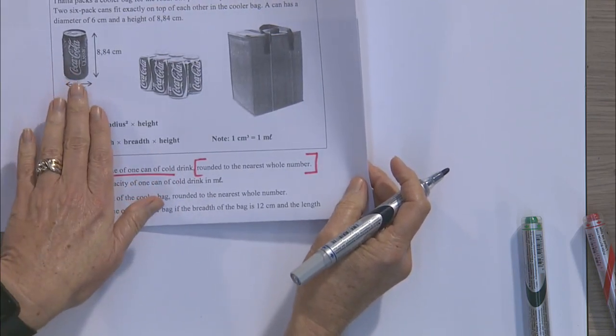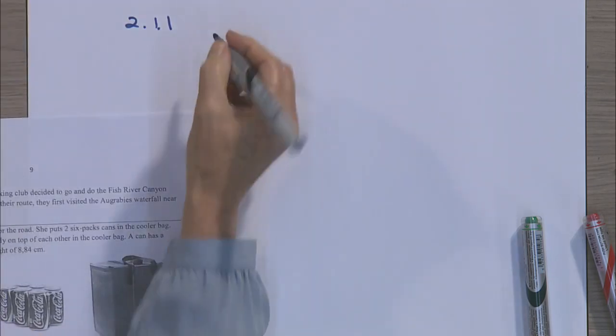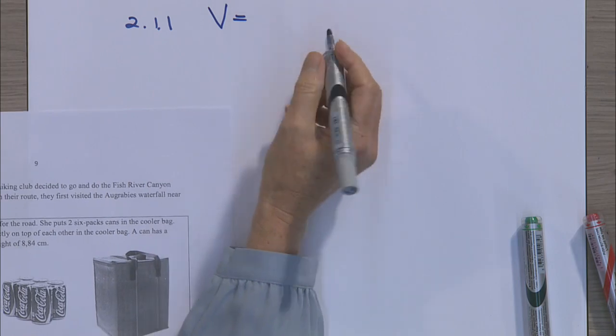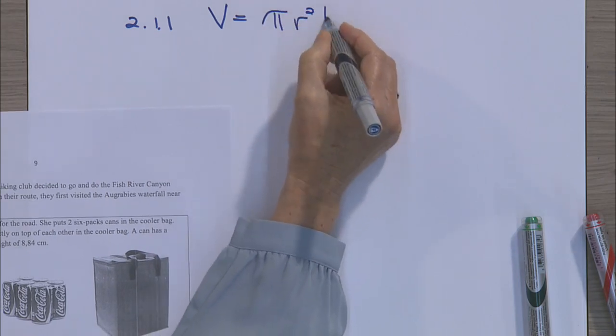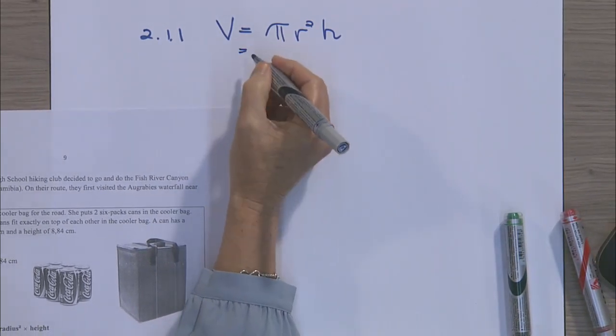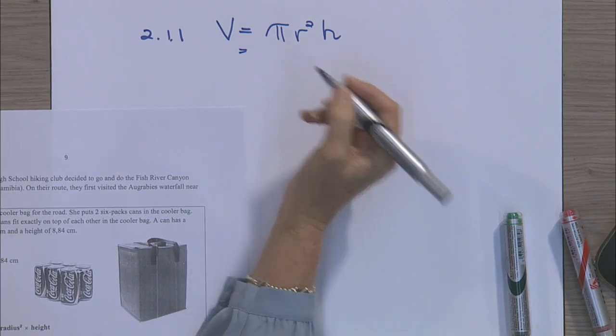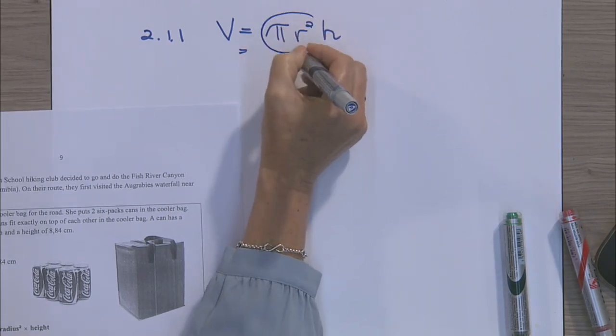We know the can is a cylinder, and we are going to use that formula. So we are going to say volume is pi radius squared times the height of the cylinder. So then, what is volume? What is pi radius squared?